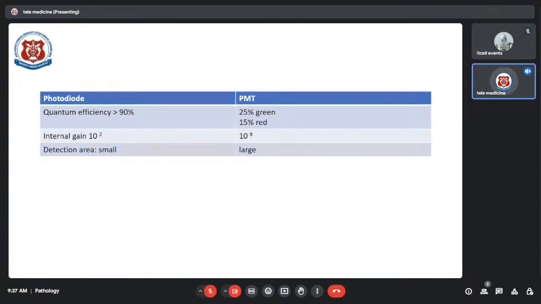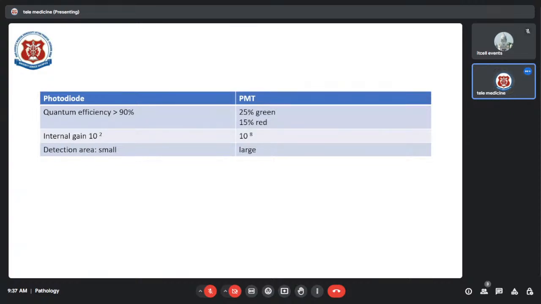There is something called internal gain. Internal gain is more for the photomultiplier tube when compared to the photodiodes. What is the internal gain? As you go on increasing the voltage of the channel, the amount of signal emitted is more. That is directly proportional.